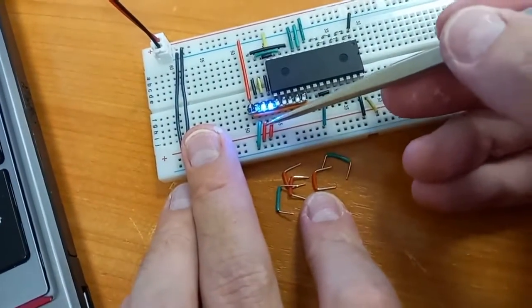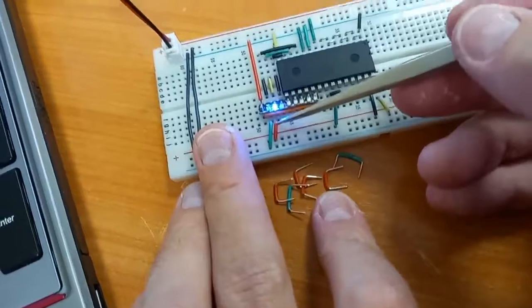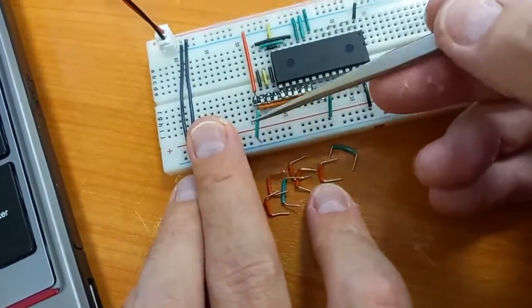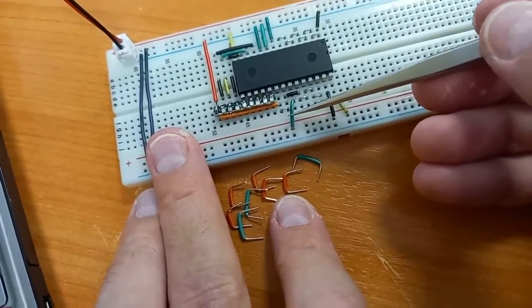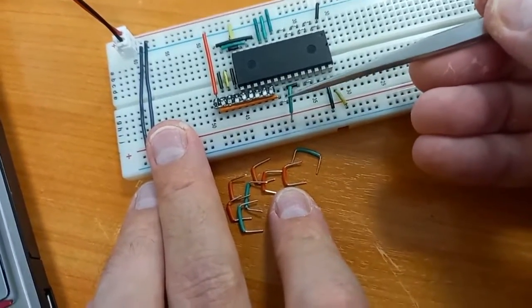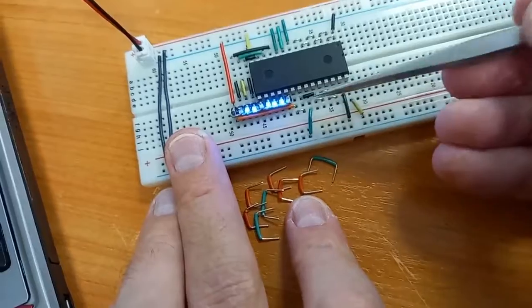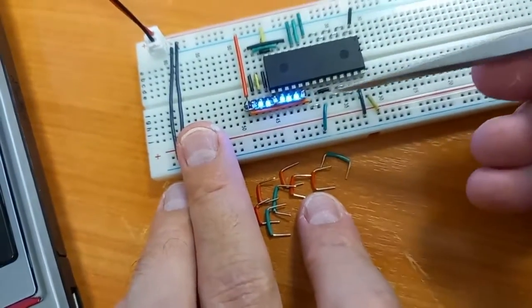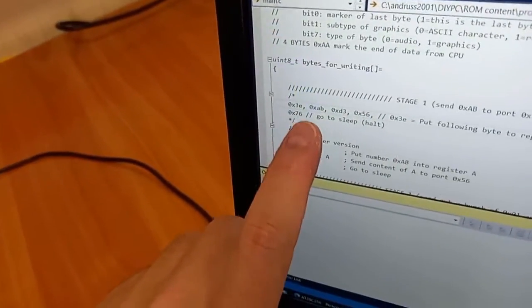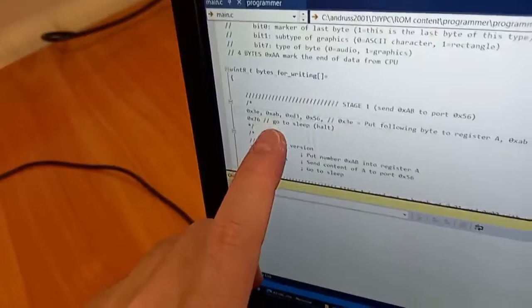So the data bus is free. Now we will enable the output, and we have the number 0111 0110. That's the correct one. And that was the last one, which means stop, halt, don't do anything.